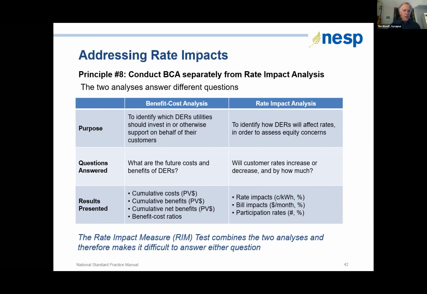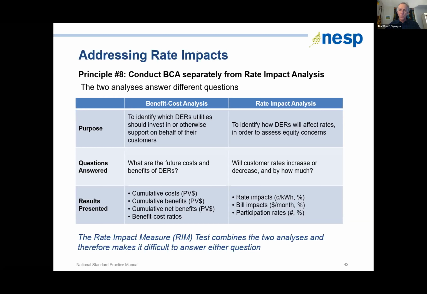This final row here is, for benefit cost analysis, you look at cumulative cost in present value dollars, cumulative benefits, net benefits, all familiar terms, right? Benefit cost ratios, you can use those to make decisions. For the rate impact analysis, you present the information a little differently. To understand rate impacts, you want to look at, what's the cent per kilowatt hour?